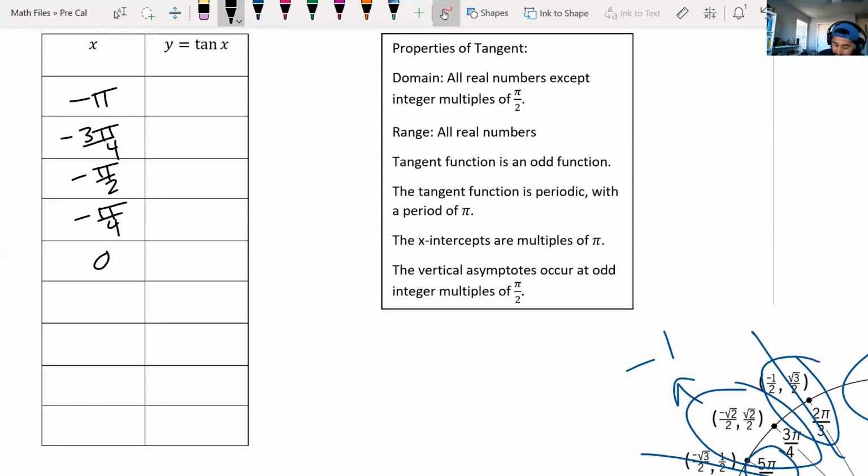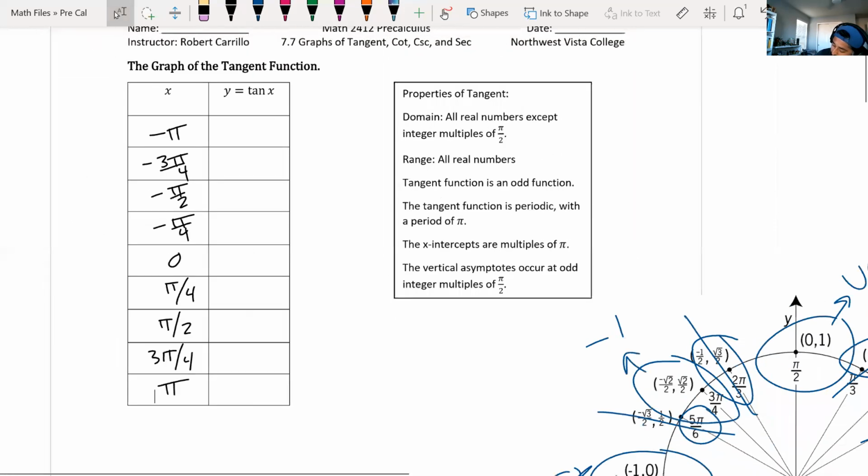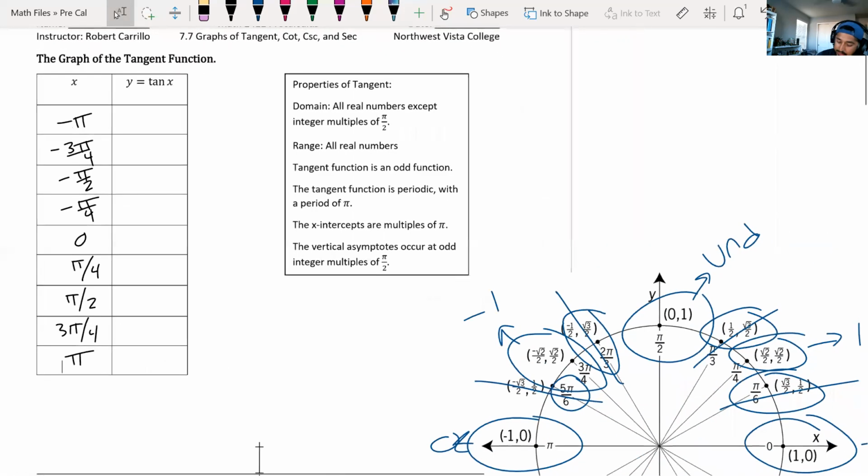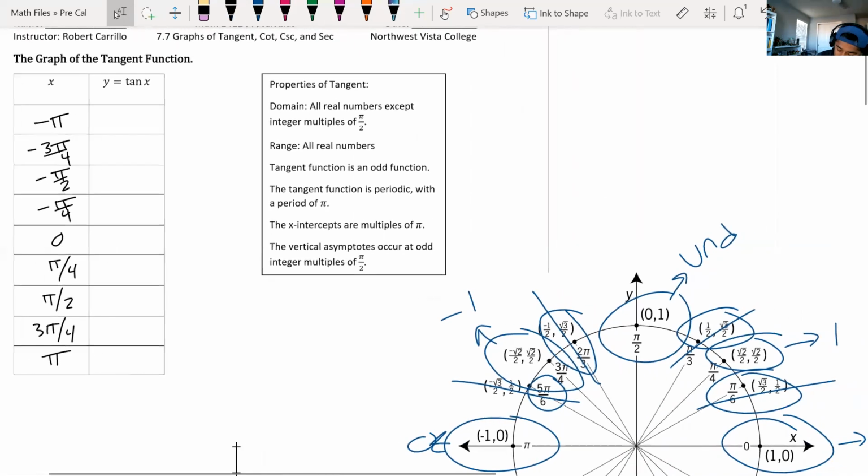And then just repeat: pi over 4, pi over 2, 3 pi over 4, and pi. And just like we said over here, tangent at pi, no matter if it's negative pi, will be 0.